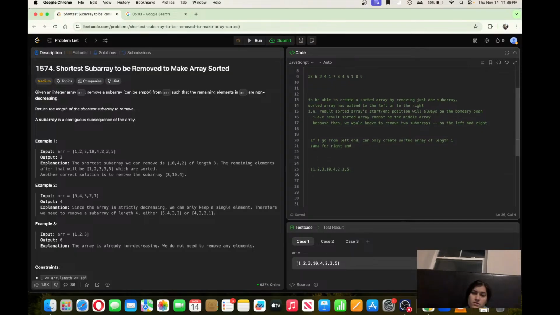So for this one, if I go from the left, 1 2 3, it is increasing, 3 10, it is increasing, 4, it is not increasing now.